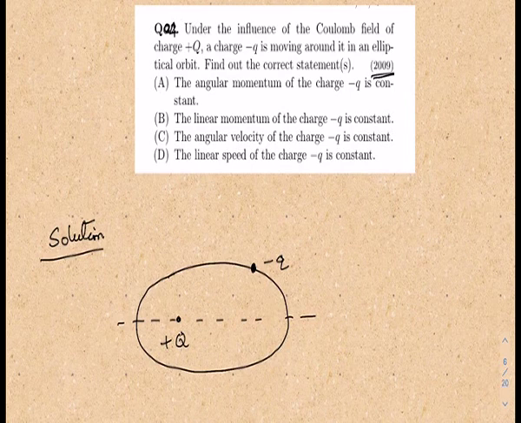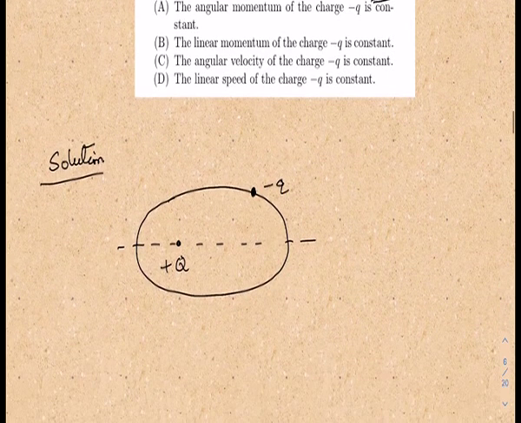To find out the angular momentum, note that angular momentum is related to torque. Rate of change of angular momentum is torque. So let us first find out what is the torque on charge minus q.